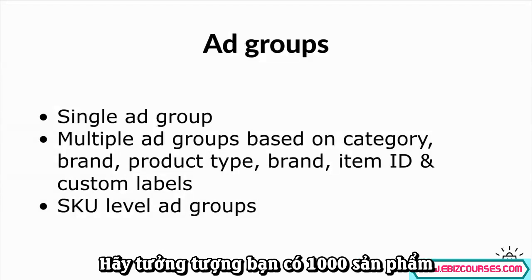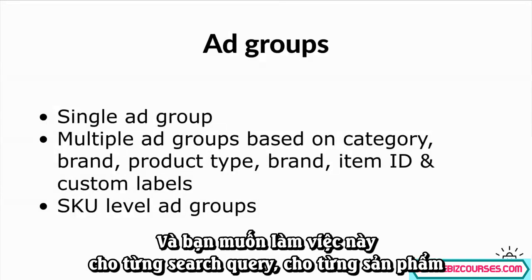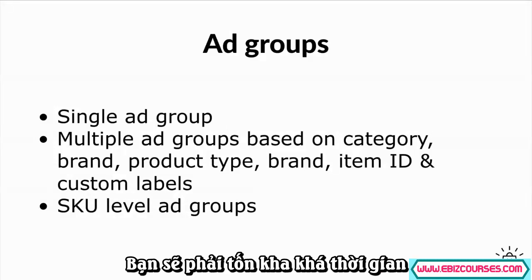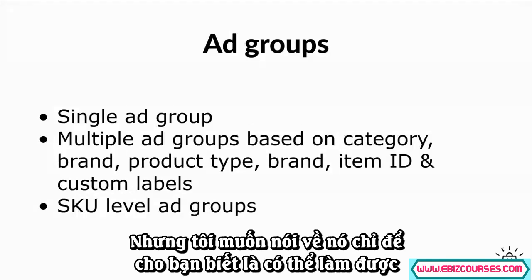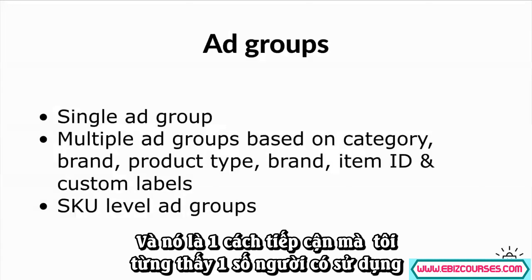Imagine you have 1,000 products and you want to do this for each search query for each product. That's going to take you a while. So this is often done through tools. But I wanted to mention it here just to show you that it is in fact possible, and it is an approach that I've seen some people use.